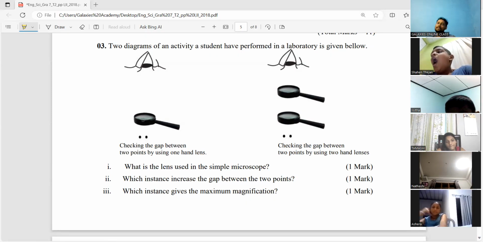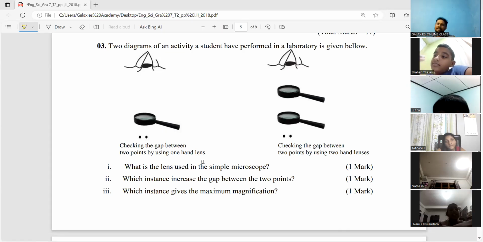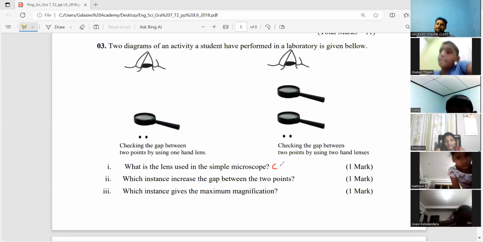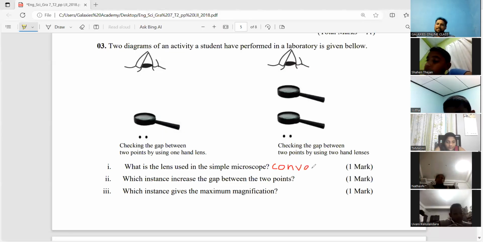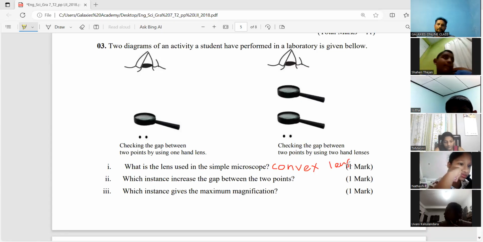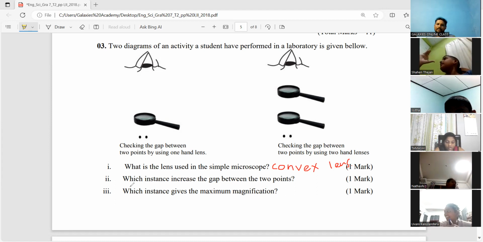Right. Which type of lenses is used in a simple microscope? Convex lenses. Yes, convex lenses. So the first answer should be convex lenses. Second part, which instance increases the gap between the 2 points? Which instance? Using one hand lens or using two hand lenses?